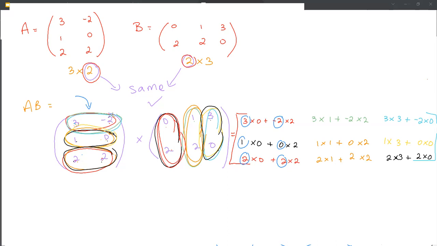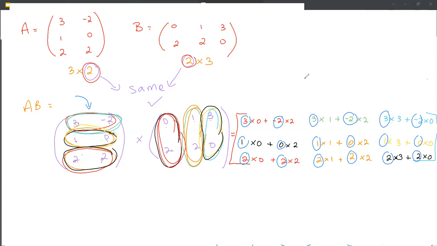All right, so look at it, 3, -2, 1, 0, 2, 2. So each column, you're going to see it before each multiplication sign. So 3, -2, 1, 0, 2, 2.